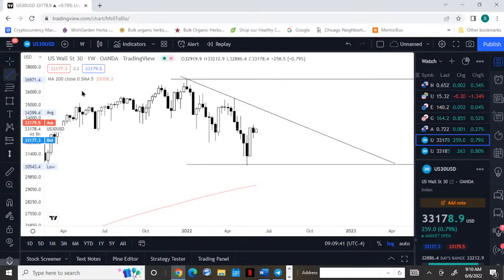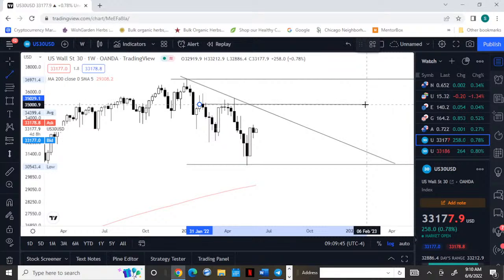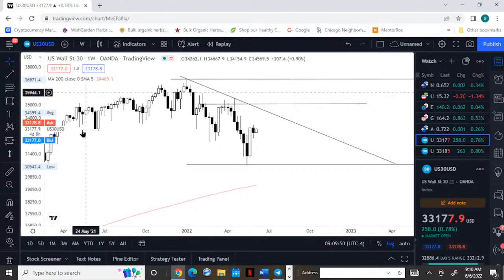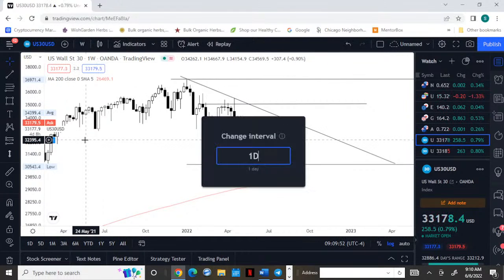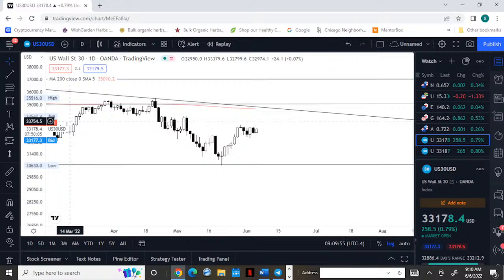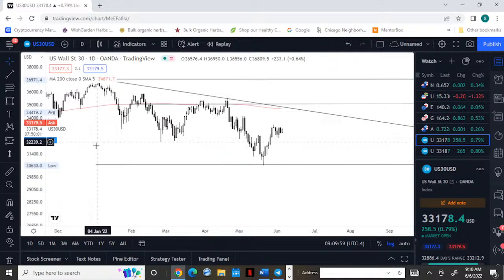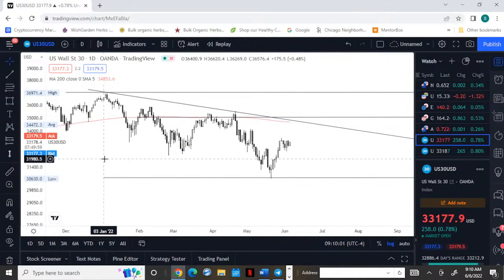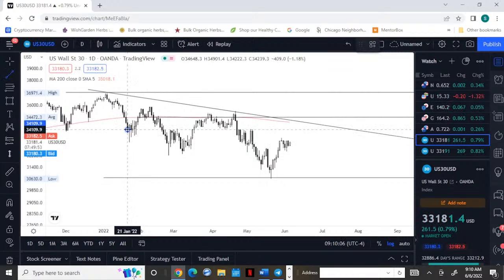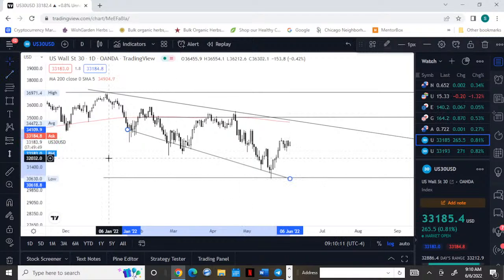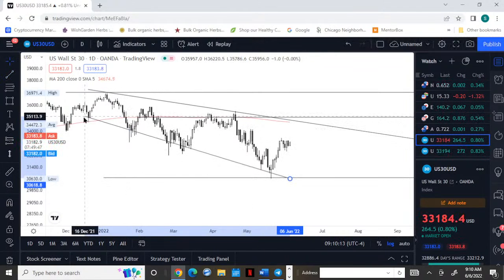And this zone right here. And then we're going to go down to the daily. Draw this trend line right here.